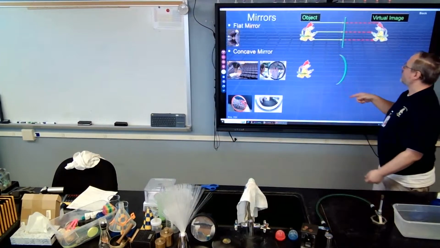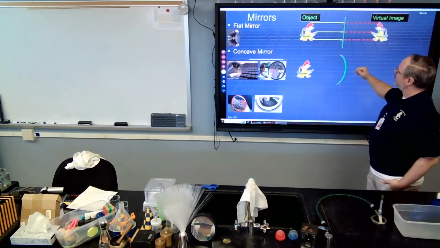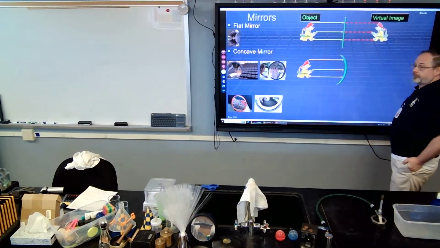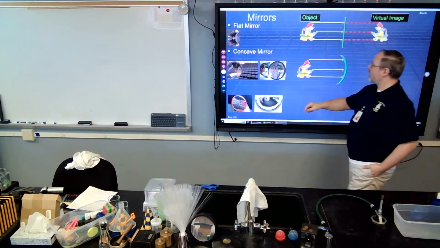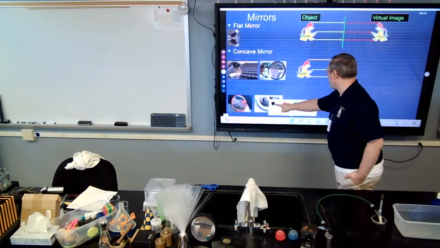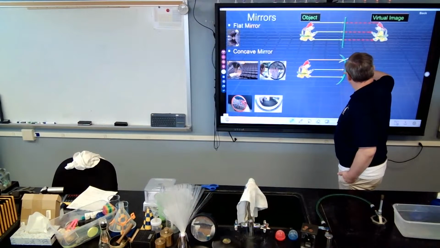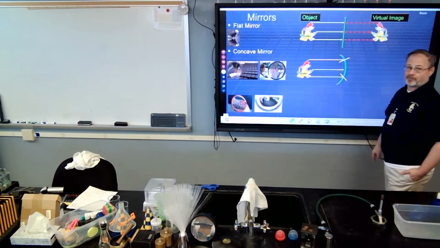Okay, so here's our concave mirror. Light is going to illuminate our object. Light is going to strike the object. And then the law of reflection kicks in. There's the normal there, and there's the normal there.